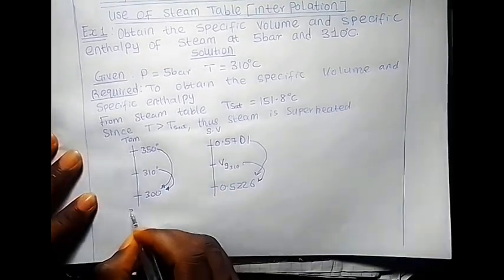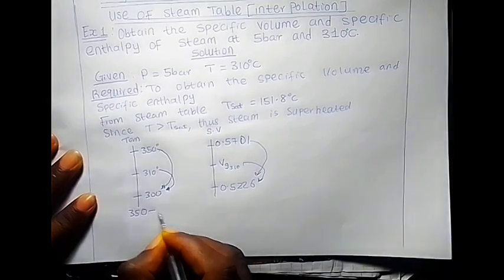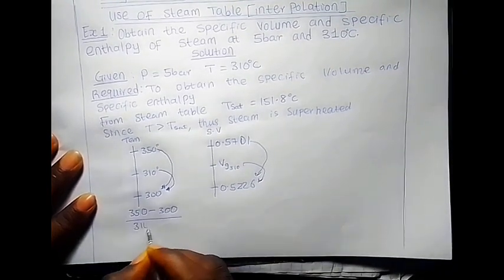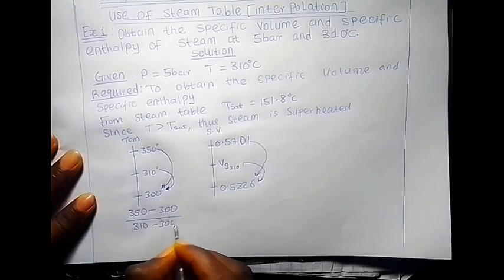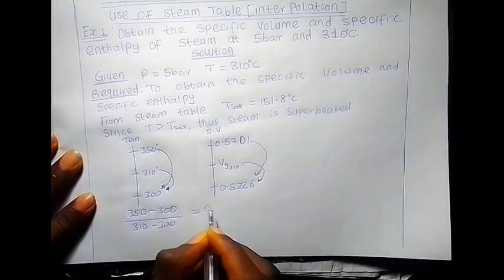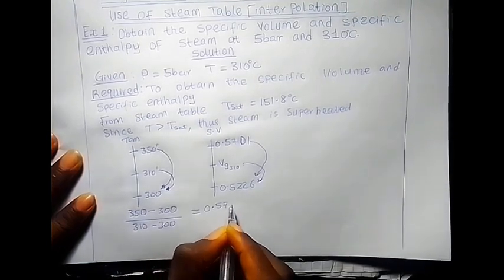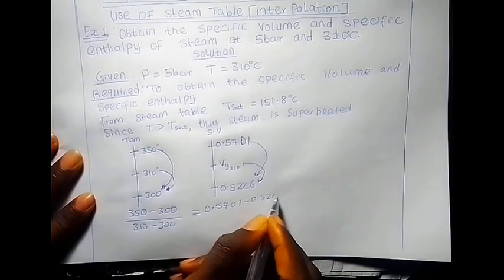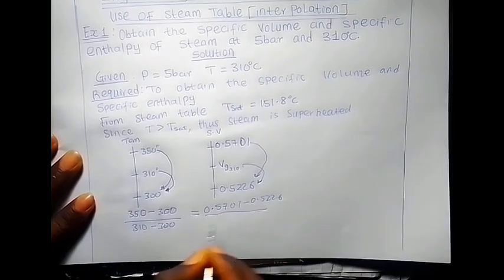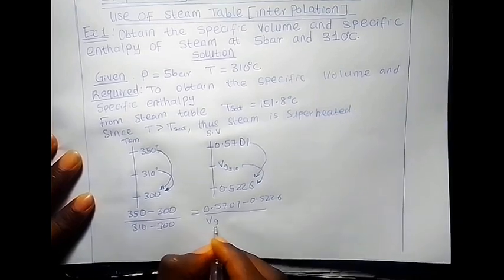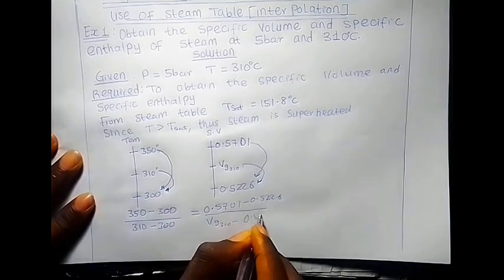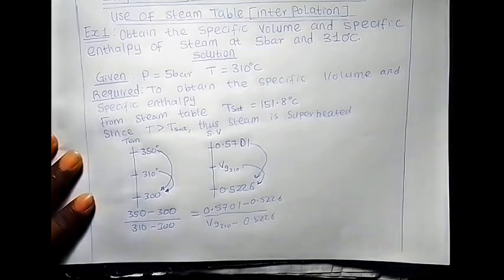So we have 350 minus 300 over 310 minus 300, and it should be equal to 0.5701 minus 0.5226 over VG of 310 minus 0.5226.